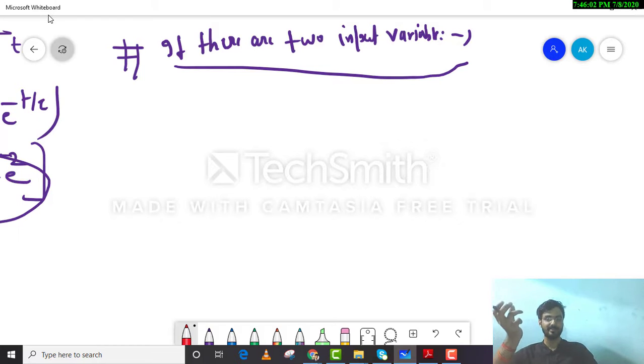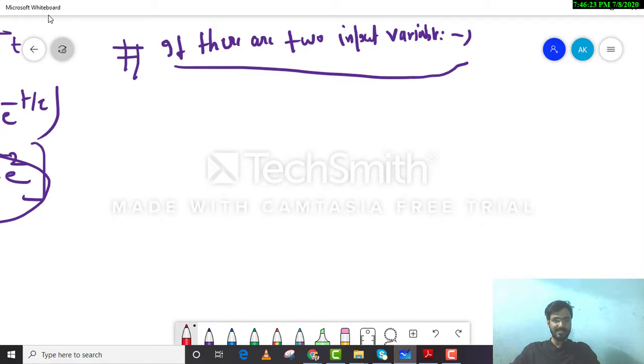Because for the transfer function, the output of the system will depend upon our two inputs. Both inputs are going to affect our system, and if the system is affected by our two inputs, then definitely the output response will totally depend upon our inputs. So how will we calculate these things, just understand.